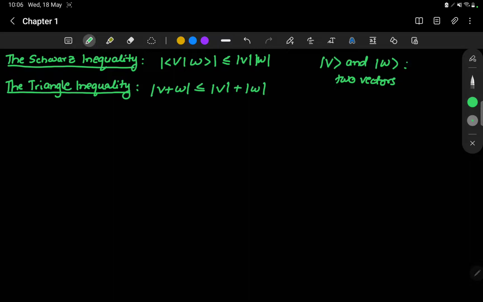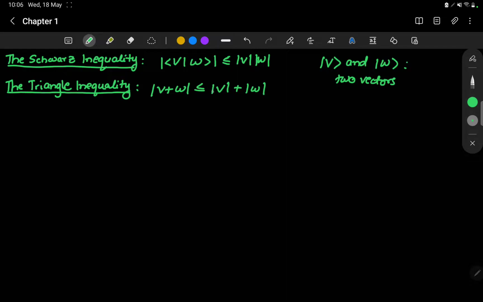The next is this triangle inequality. It says that the magnitude of the sum of any two vectors is less than or equal to the sum of the magnitudes of each of the individual vectors. So this is magnitude of v, this is magnitude of w, the magnitude of two vectors, we take the sum.